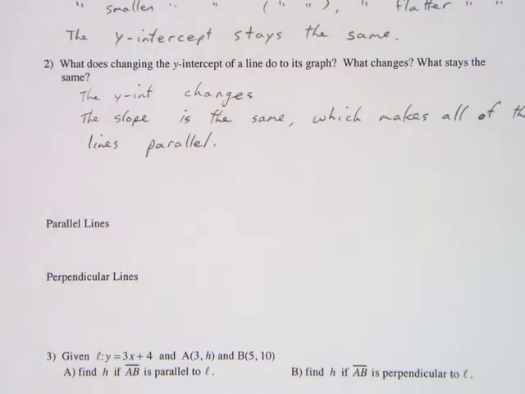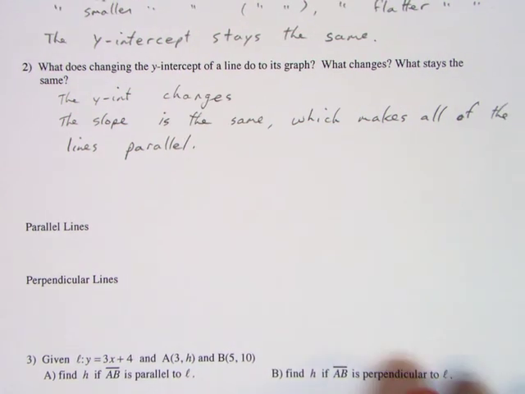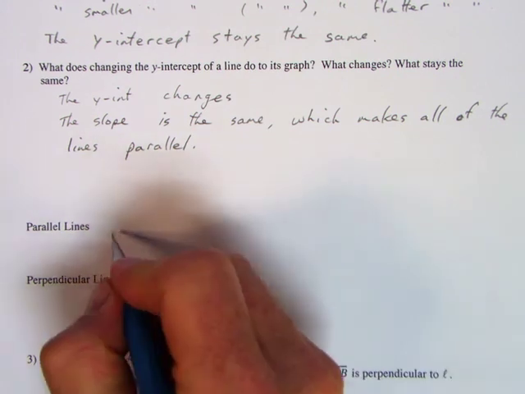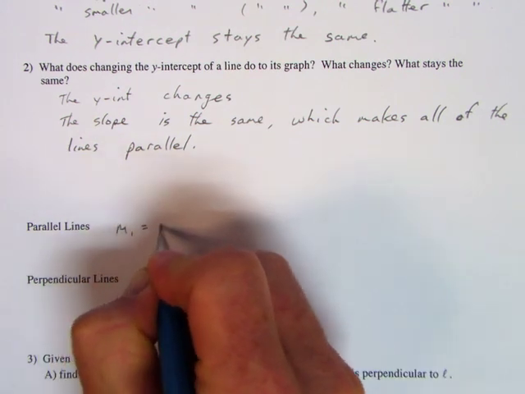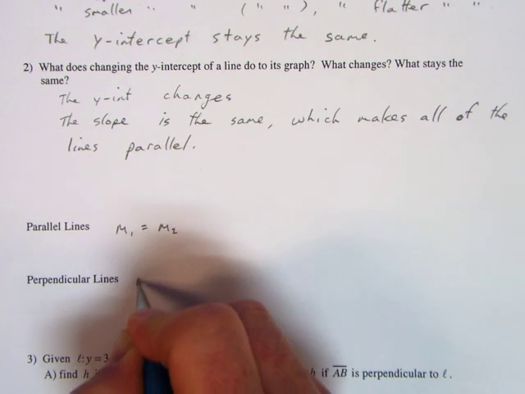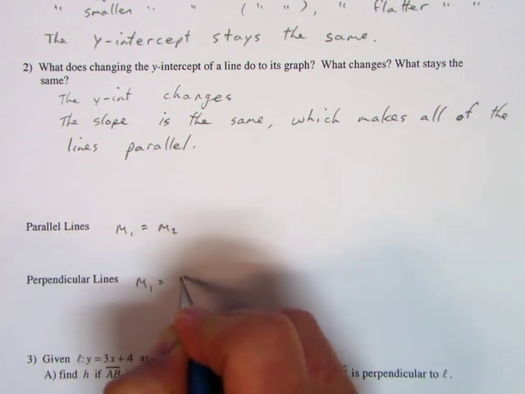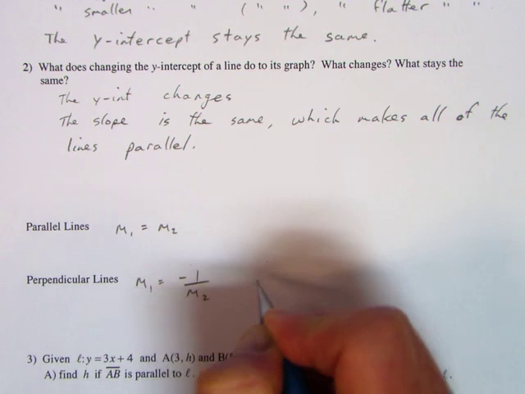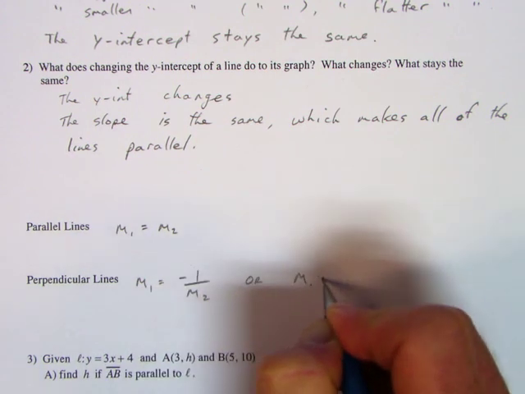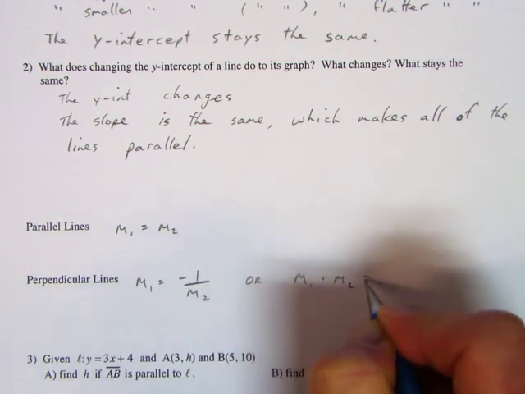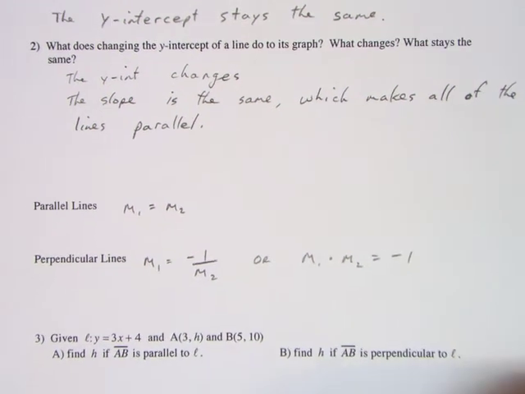So basically with this y-intercept, we have this graph, and the graph is being shifted up and down. So remember, we have parallel lines: m1 equals m2. Perpendicular lines, we have m1 equals -1 over m2, or m1 times m2 equals -1.